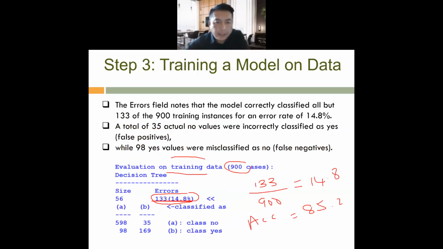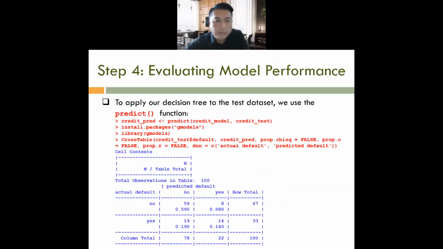This is during the training. So when we perform the prediction, we use the model and then the test, and then we plot the confusion matrix, using the cross table here. So basically, this is the actual default. So predicted as no, this is true positive.